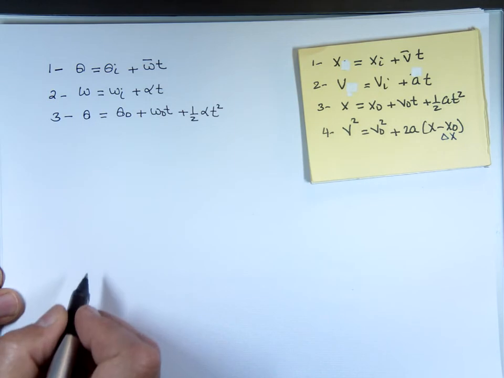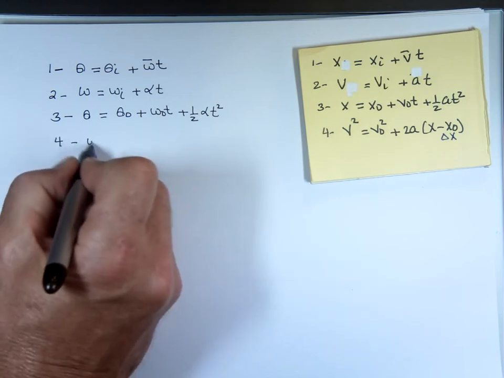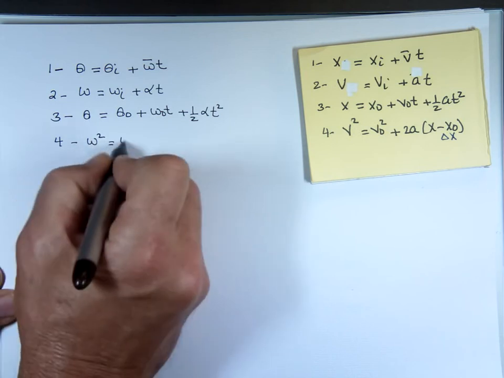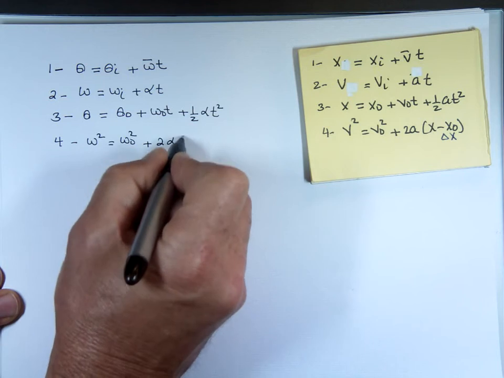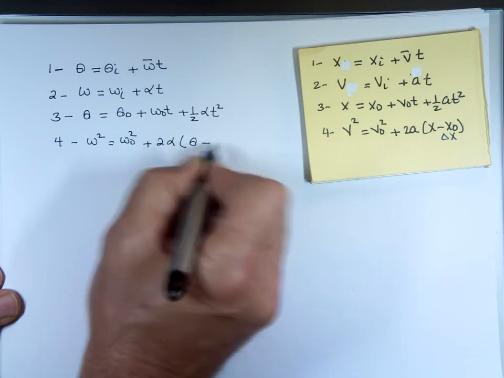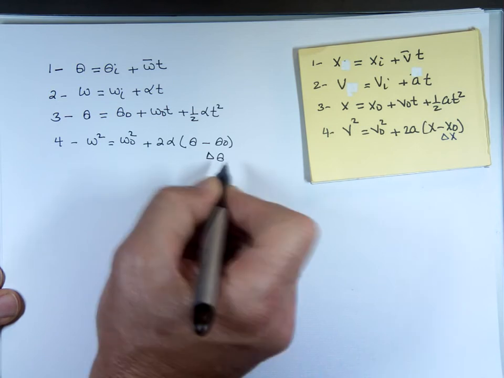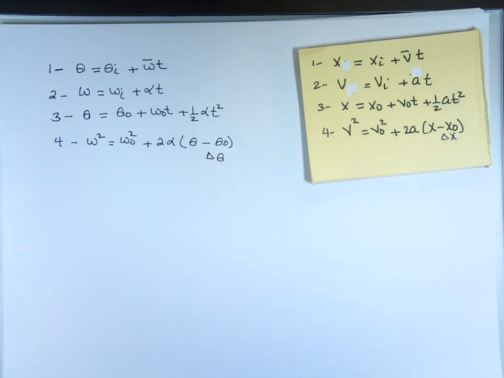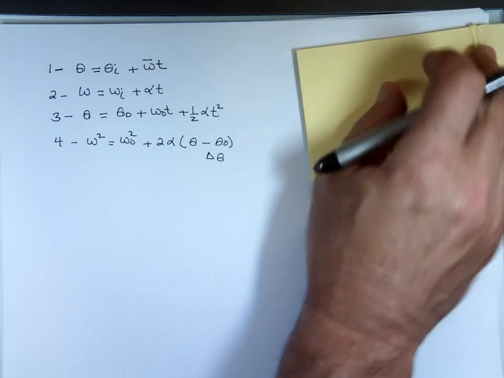And equation number 4 is W squared equals W0 squared plus 2 alpha times theta minus theta 0, or change in theta. And these are the 4 equations, the same exact 4 equations we used before. So I'll put them on my yellow sheet of paper here, in case I need them in the future.